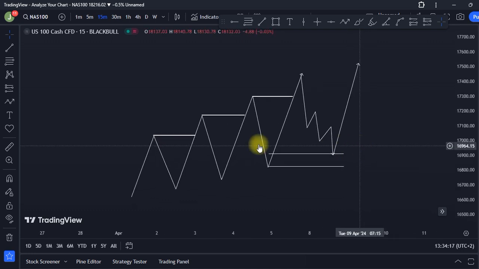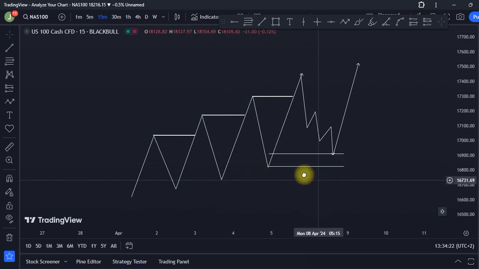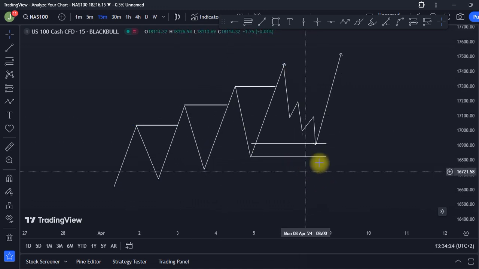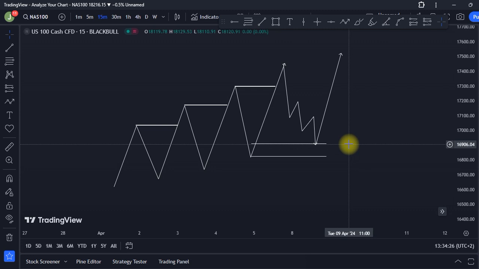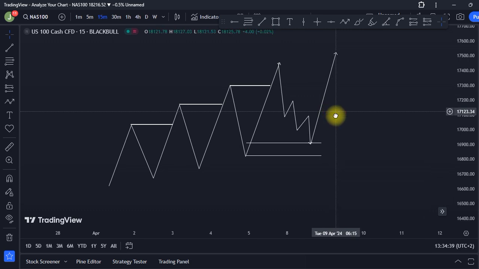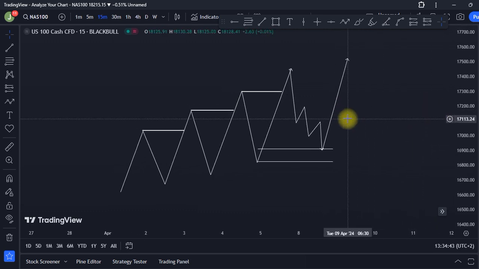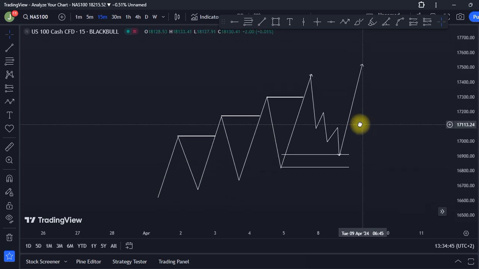So what you should do is go to your 15 minutes time frame. You should mark out your structure, and after marking out your structure, you want to put your buying position, and then you target your high. But what I would suggest is that you take whatever satisfies you in the market, and then you stay out of the market.